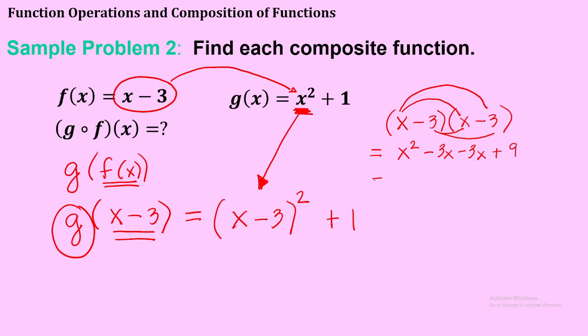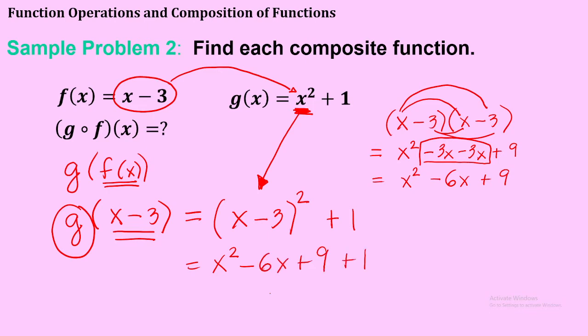And as you can see, sir, these can be combined, which is x squared minus 6x. As you can see, both are negative, so you add them. That's why I will be getting negative 6x for that, plus 9. So the result of x minus 3 squared is x squared minus 6x plus 9 plus 1.